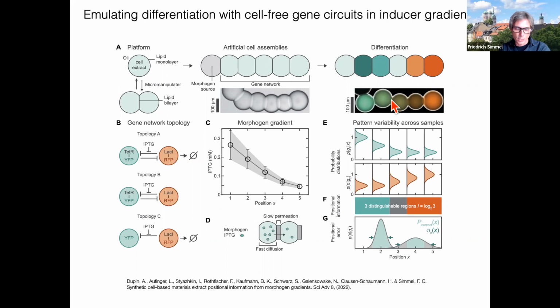Because in developmental biology, the question is how is it achieved that embryos can differentiate so robustly in the presence of environmental noise? Every time such an embryo is generated, it will have slightly different boundary conditions and things will change. But of course, because it's an extremely critical process for development, this has to take place very robustly.